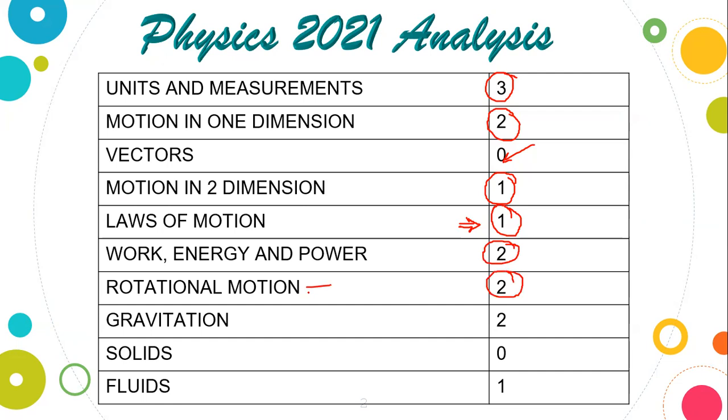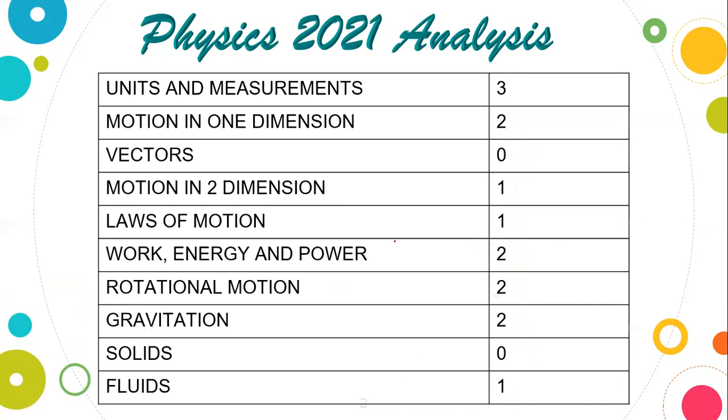If you check the NEET 2023 or 2022 batch previous papers, you will see a lot of questions from rotational motion. Actually, the weightage of this chapter is 3-4 questions, but this time just 2 were asked. Gravitation, just 2 questions. Solids, one of the important chapters, 0 questions. And from fluids, a single question has been asked.